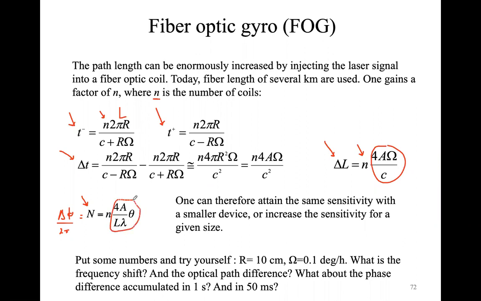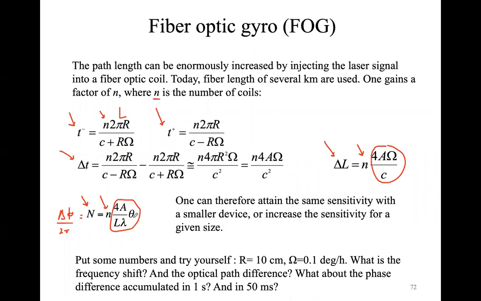If you have only one coil, it is directly proportional to the area of the gyroscope. But by including a number of coils, you are able to increase the sensitivity of your instrument directly, with the same area.